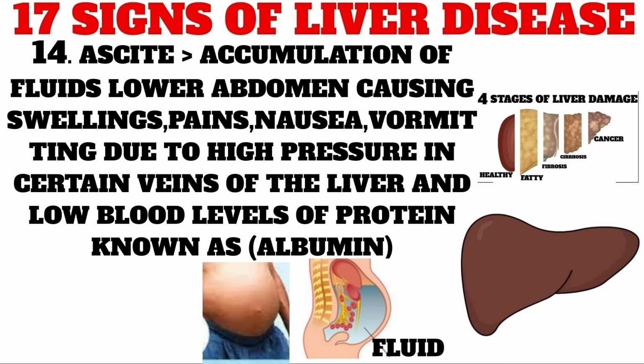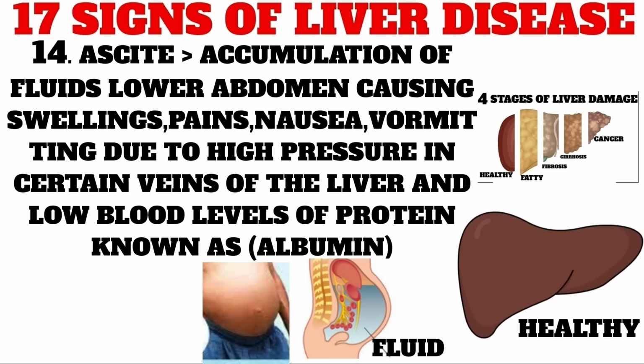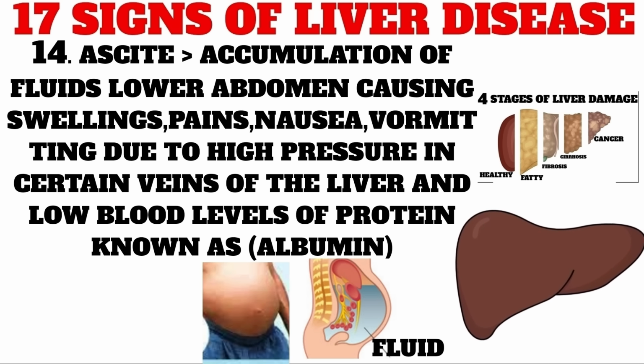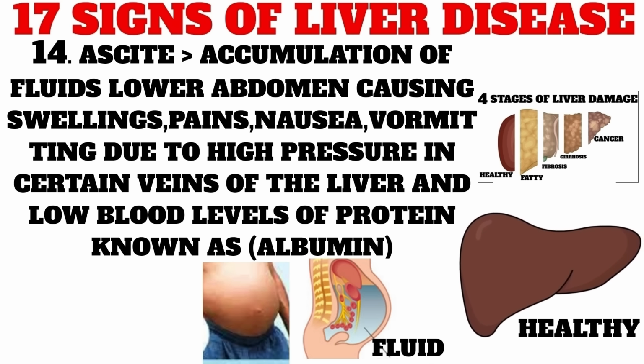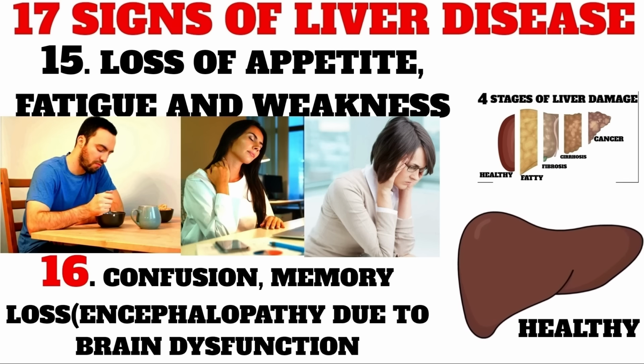14. Ascites, accumulation of fluids at the lower abdomen causing swelling, pains, nausea, vomiting due to high pressure in certain veins of the liver and low blood levels of protein known as albumin. 15.